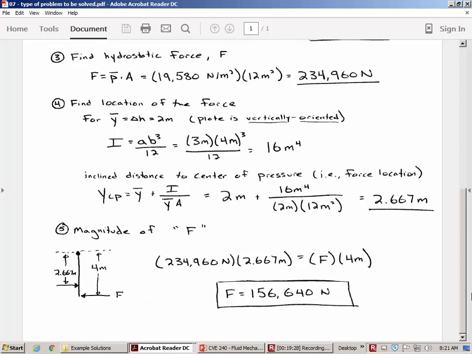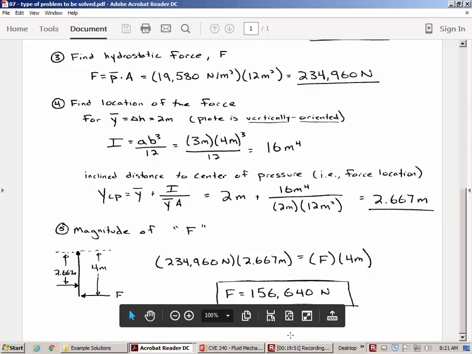And here is our unknown gate closing force of F. That's 4 meters vertically from the hinge. And so if we do the moment analysis now, it's 156,640 newtons. So it's just a step-by-step procedure. And if you follow these same steps in your own calculations, then it'll work out fine.